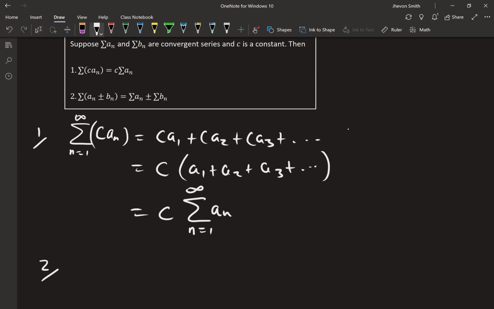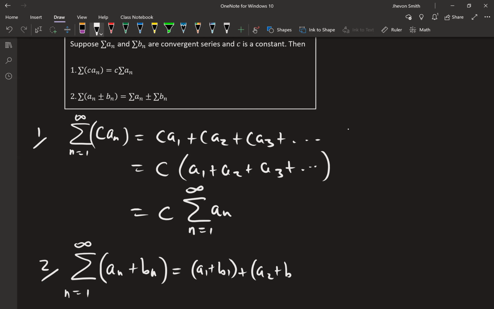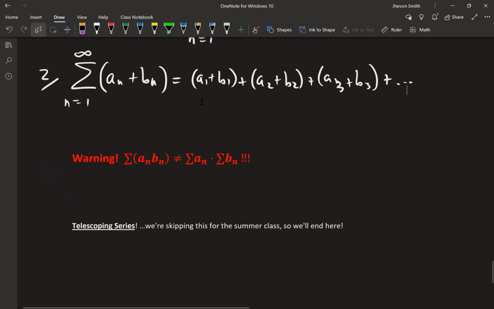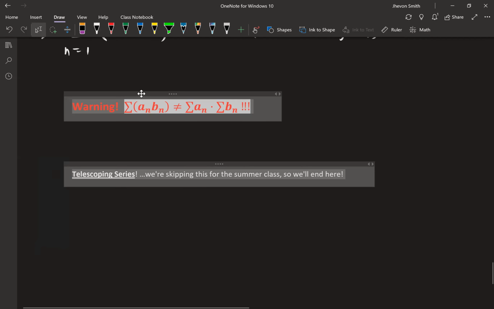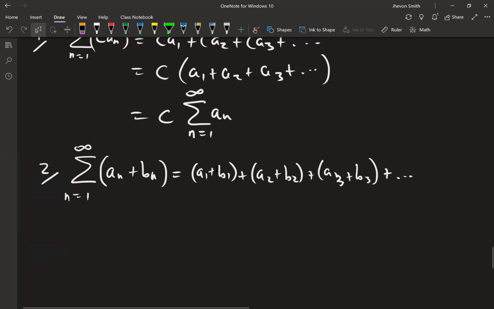Also, series distribute across sums. So if I have the sum of a_n plus b_n, then adding up these terms, it would look like a_1 plus b_1 plus a_2 plus b_2 plus a_3 plus b_3 and so on.